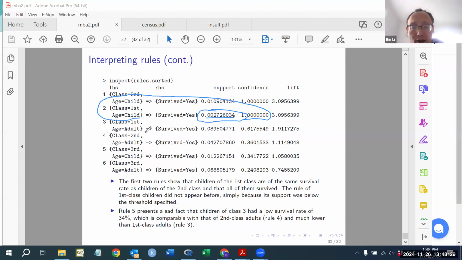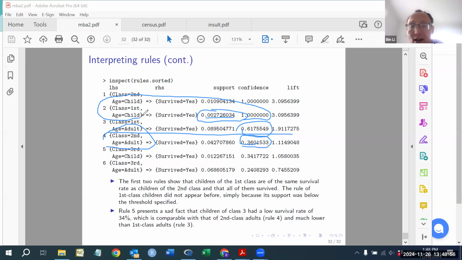And for the first class adults, the survival rate is about 0.6. So about 62% of the adult first class passengers survived. And what about the second class adults? Survival rate is about one third.